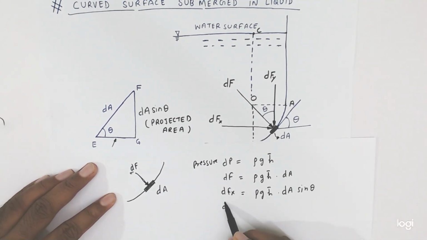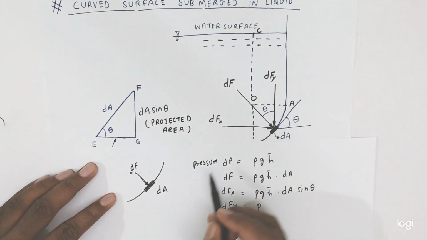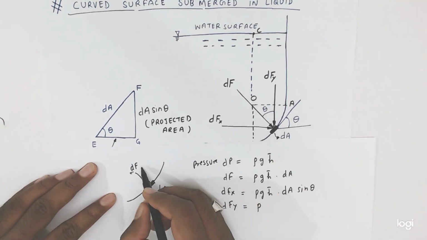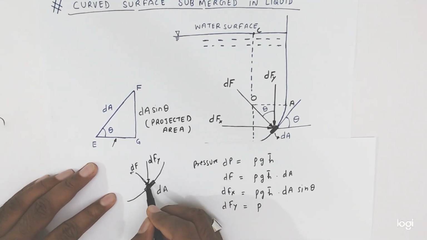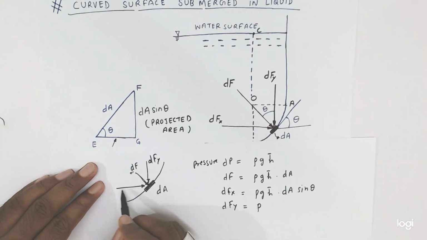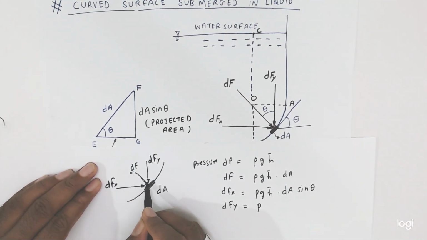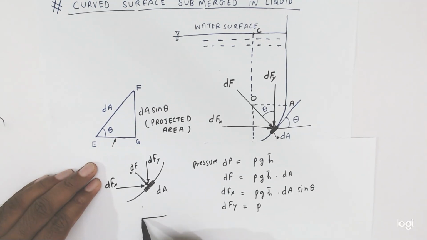And if you talk about the vertical force, it will work on the horizontal surface. See here the direction of this one; this is dFy. So it will work on the horizontal projected area, and this is dFx, whose direction is that, so it will work on the vertical projected area. This is the area dA.